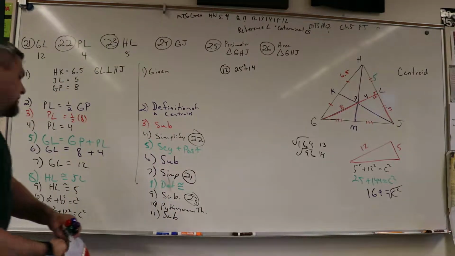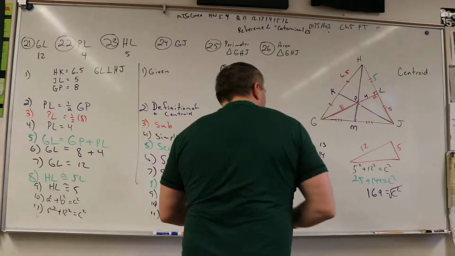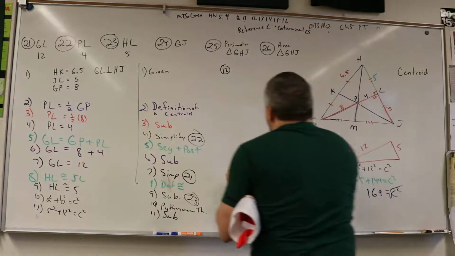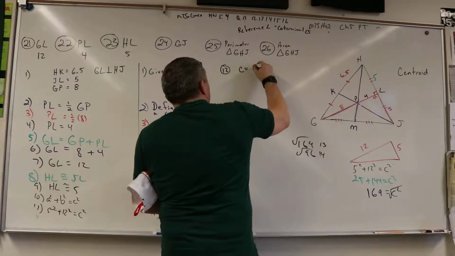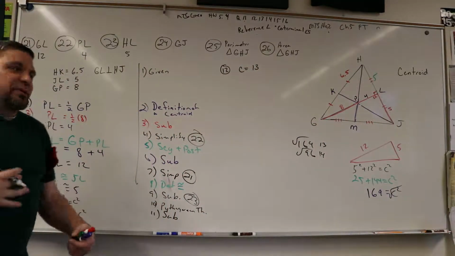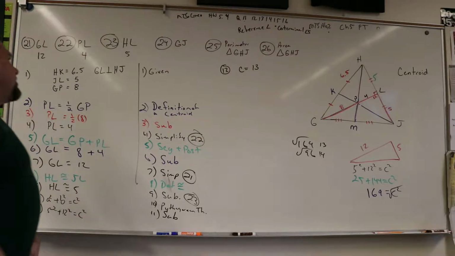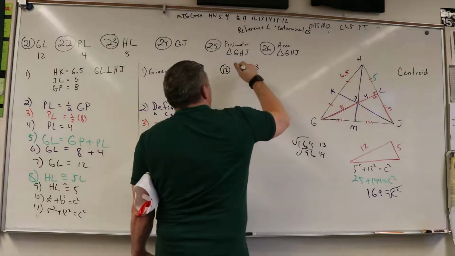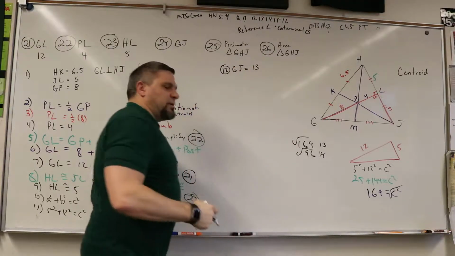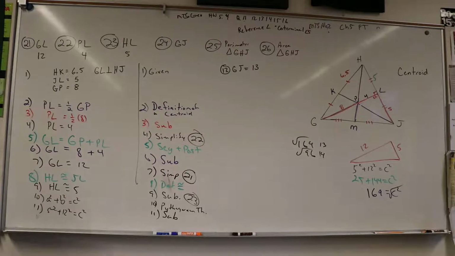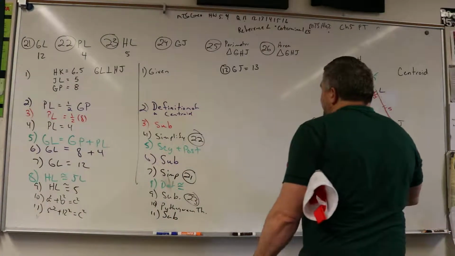Can't we just say that C is equal to 13? Or in other words, not C. We've got to call it something instead of C. We're going to call it GJ. GJ is 13. Does that make sense? Because of all this simplification.